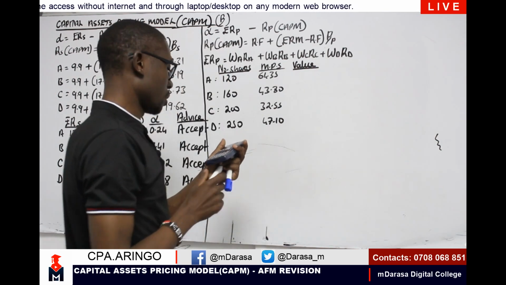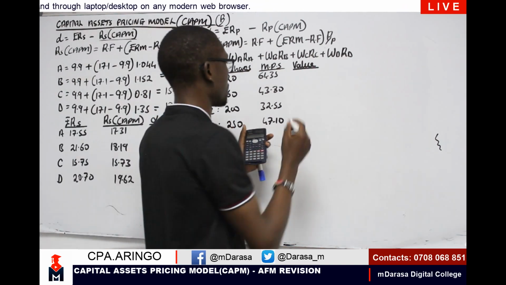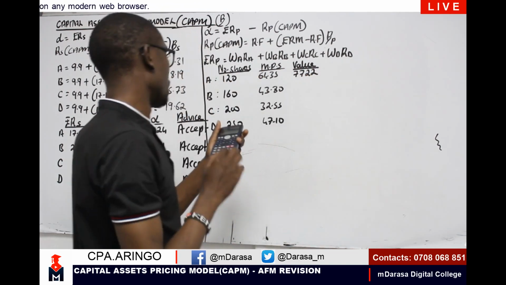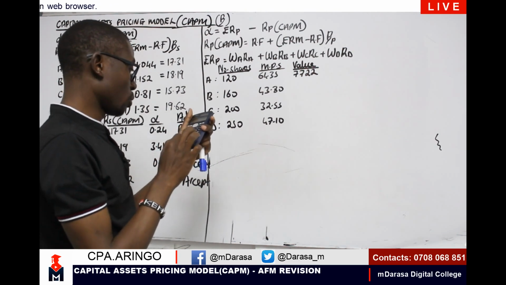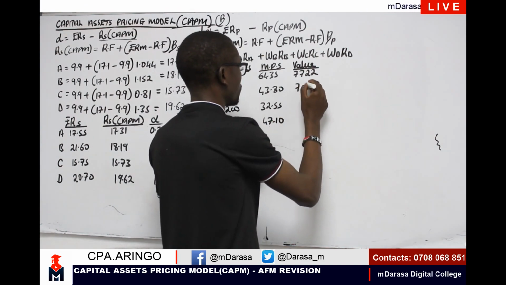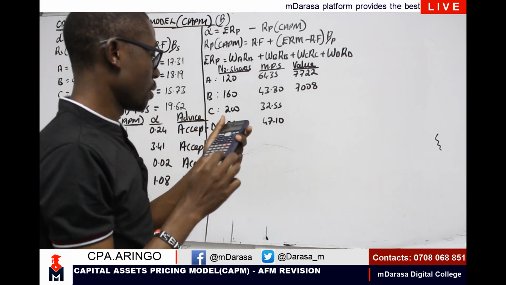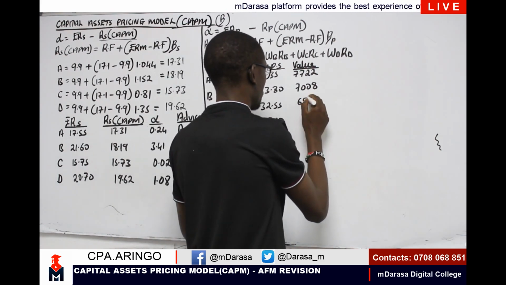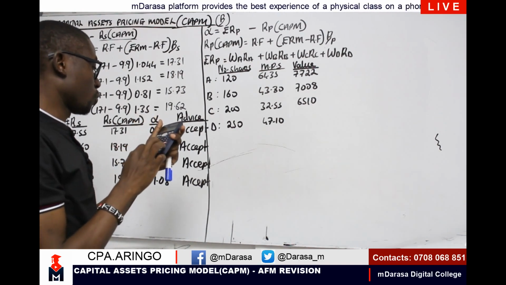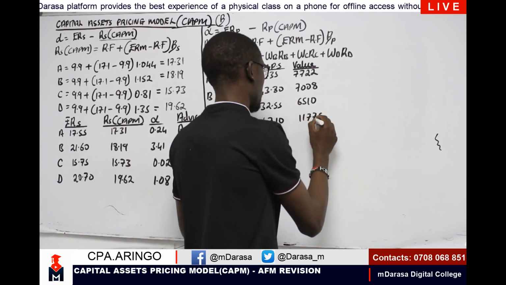We have 120 by 64.35 to give us 7722. 160 by 43.80 should give us 7008. 200 by 32.55 should give us 6510. 250 by 47.10 should give us 11775, right?